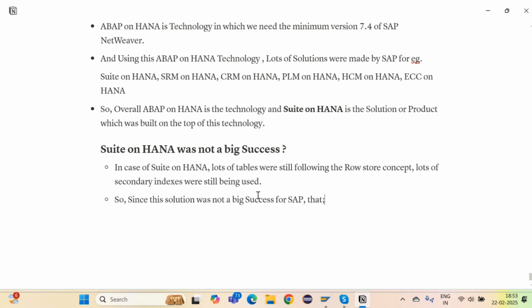That is why in 2015 SAP came with another solution, and they named it S4 HANA.